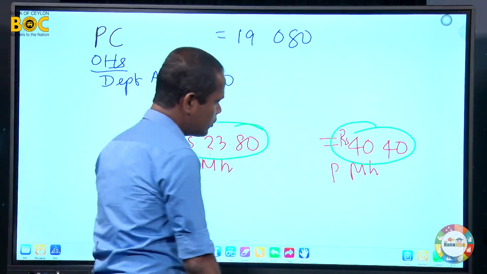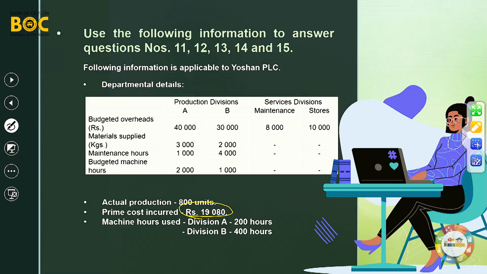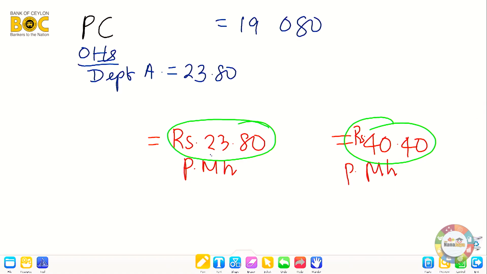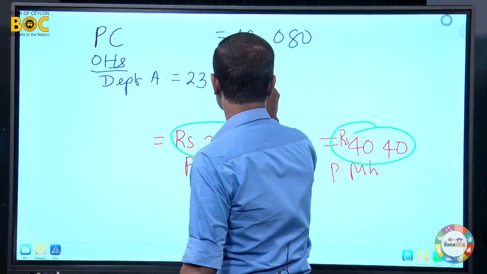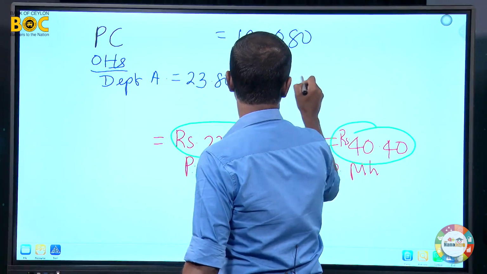How many hours have we used? Division A used 200 machine hours at 23 rupees and 80 cents per machine hour.